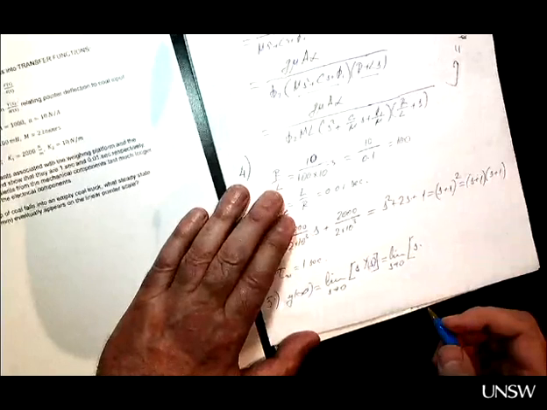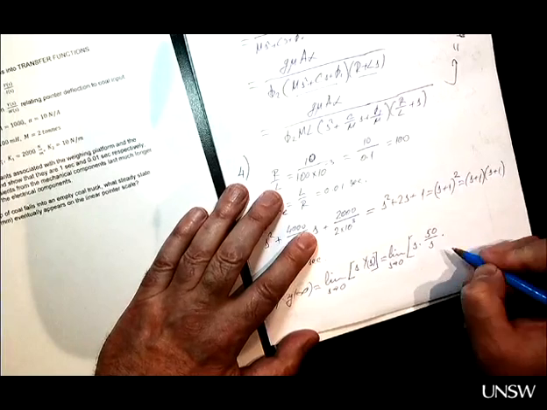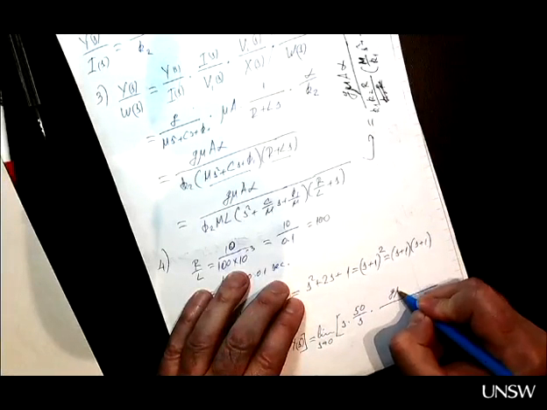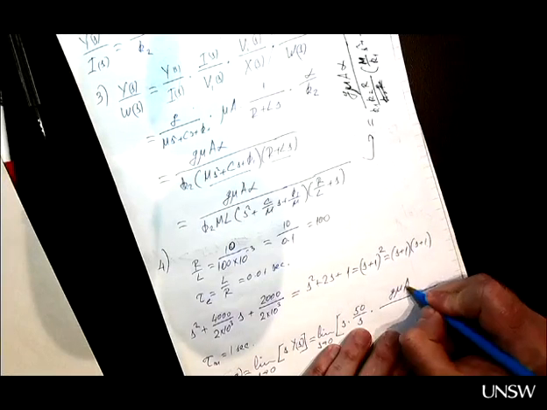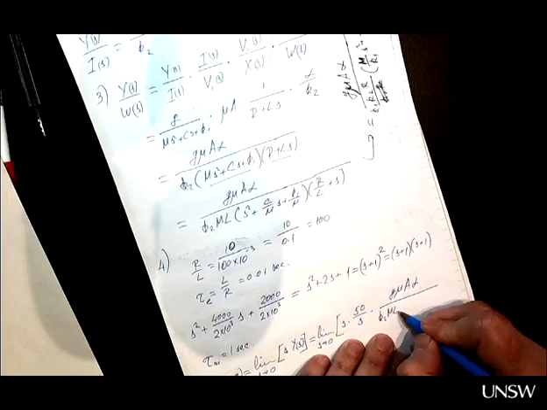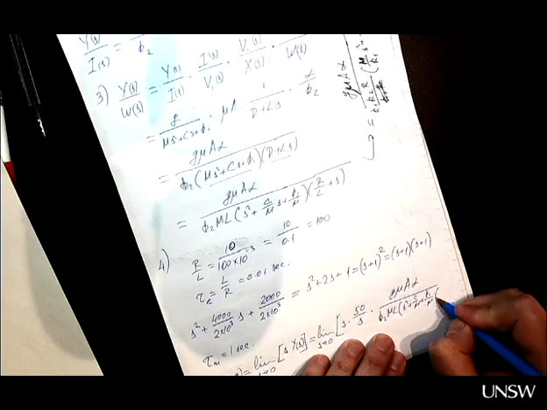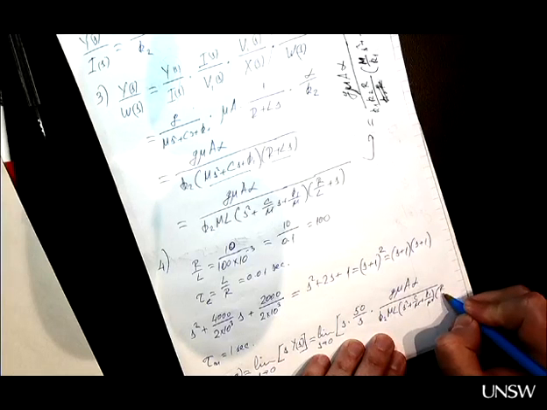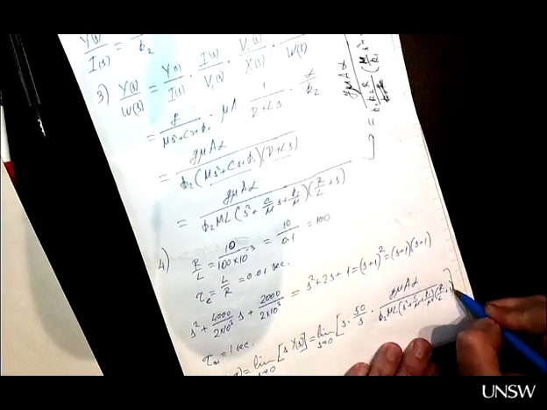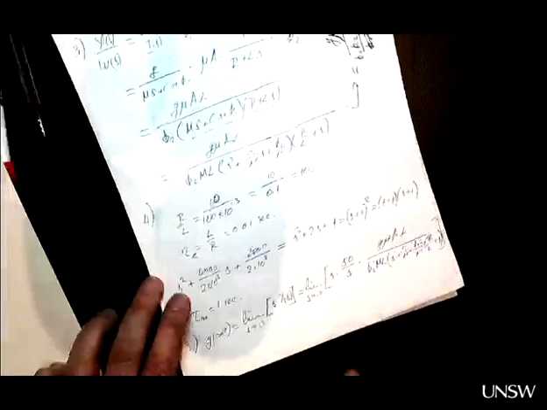That's what the output is. So we already said 50 over s times the whole transfer function that we had before: G mu A alpha over K2 ML s squared plus C over M s plus K1 over M, times R over L plus s. Then we cancel s and s.